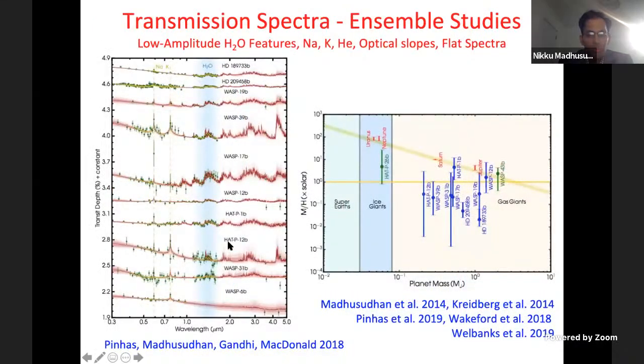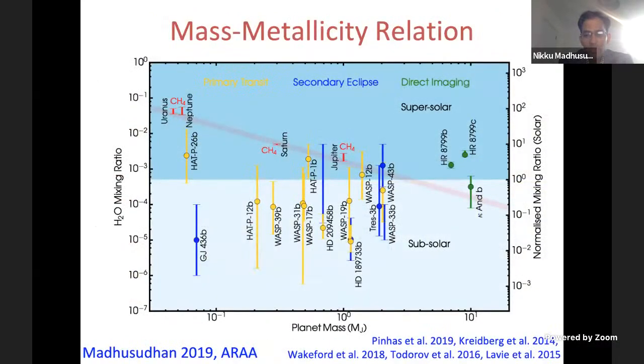So from these sorts of spectroscopic observations, now we are talking about metallicities as a function of planet mass. Okay, so this is again putting together a combination of transmission, thermal emission measurements, direct imaging measurements, and so on, and just giving you a summary, and you can read more in this paper.